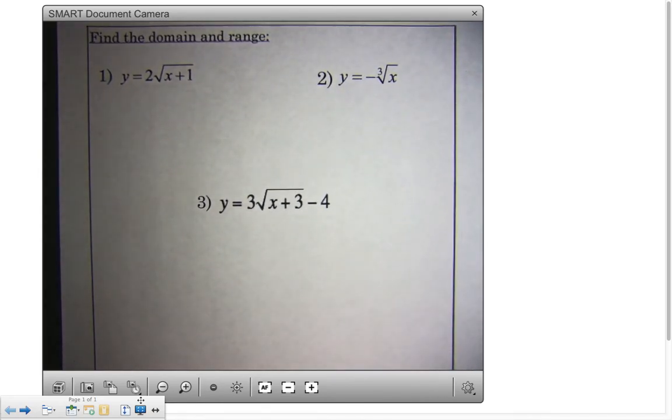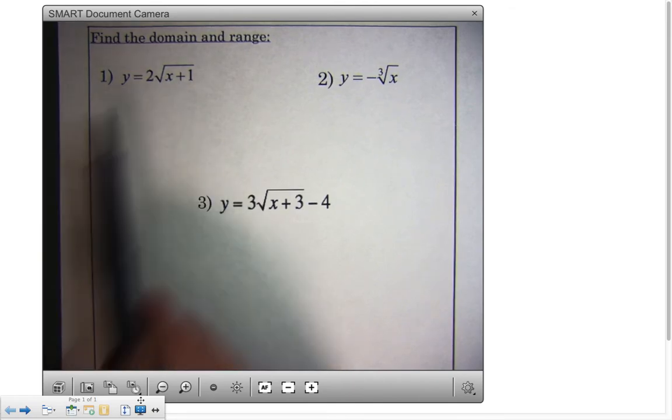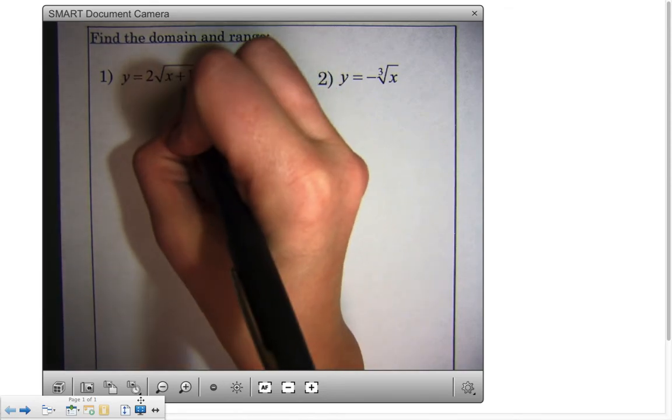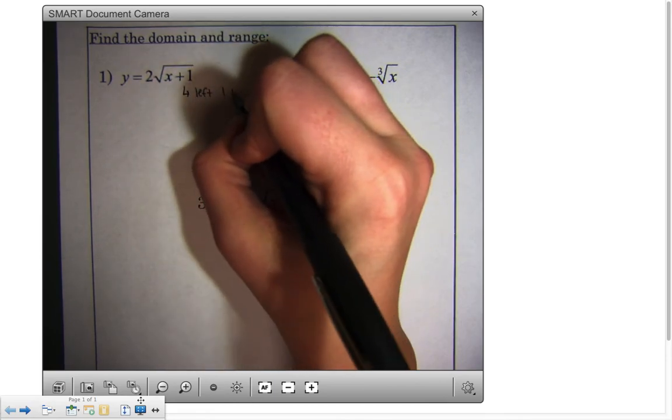All right, let's just look at a couple and try to state the domain and range without actually graphing it. So on this one, we have 2 times the square root of x plus 1. This 2 in front is not going to affect the domain and the range, but the 1 inside is going to affect the domain. This is shifting it to the left 1 unit.